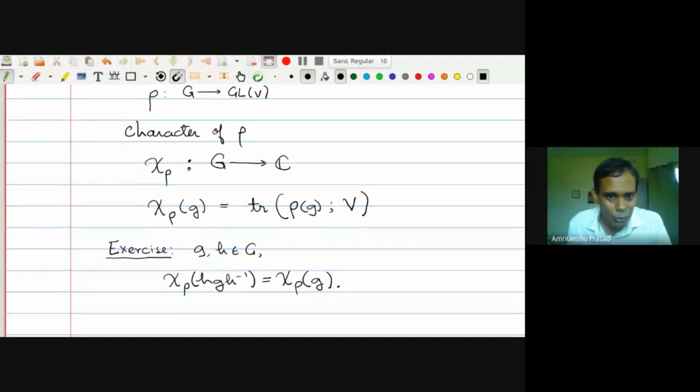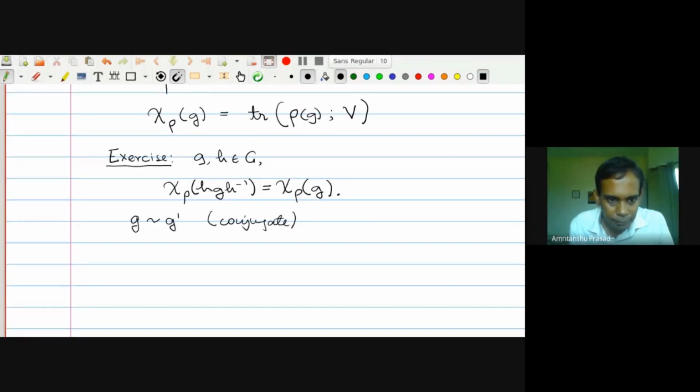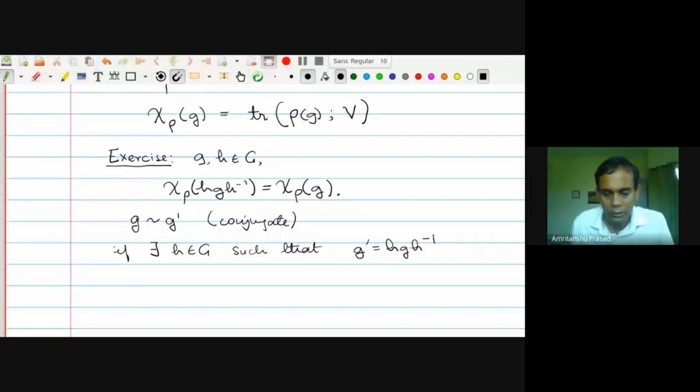Now, if you've studied some group theory, you may have seen the notion of conjugacy classes. So we say that g is conjugate to g' means that there exists an element h in G such that g' is hgh⁻¹. Okay, so this is the definition of conjugacy.